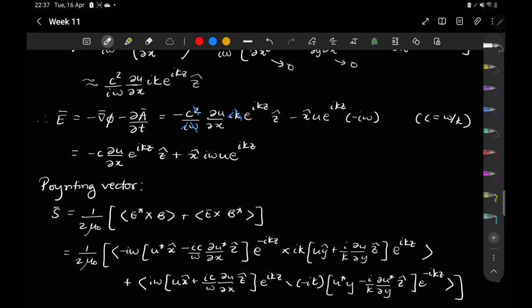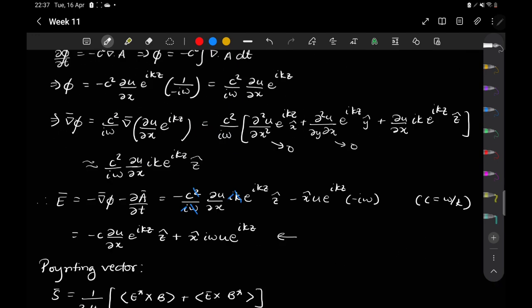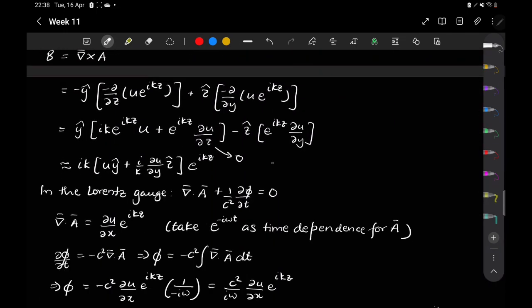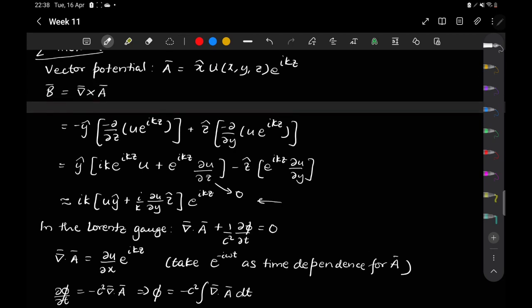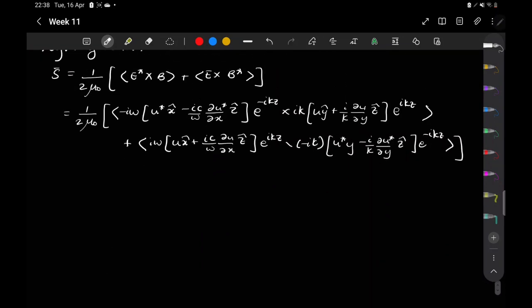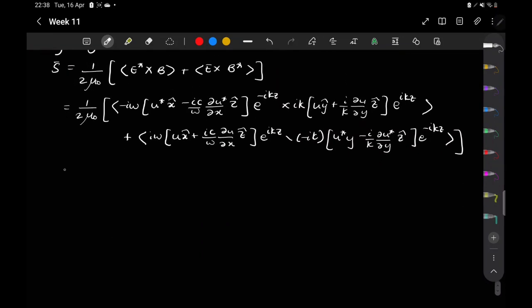So electric field we have over here, magnetic field we derived earlier over here. Using this we do this E star cross B and E cross B star to get this Poynting vector. And now we will simplify it.